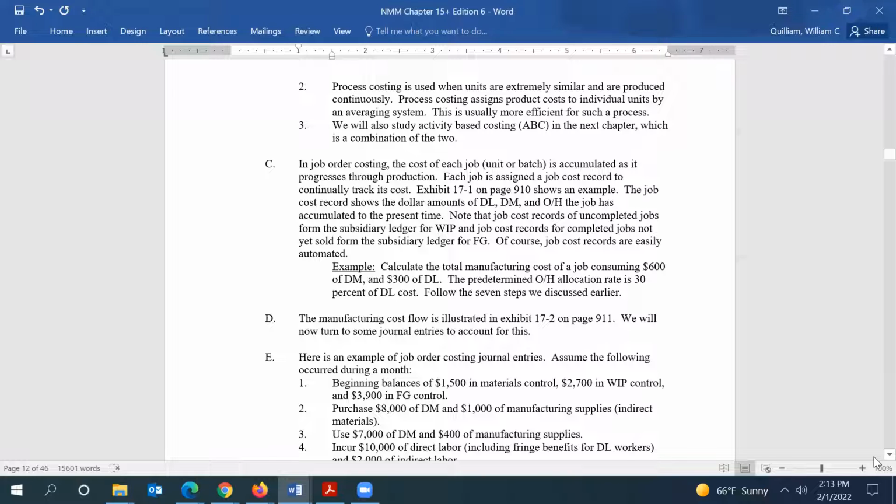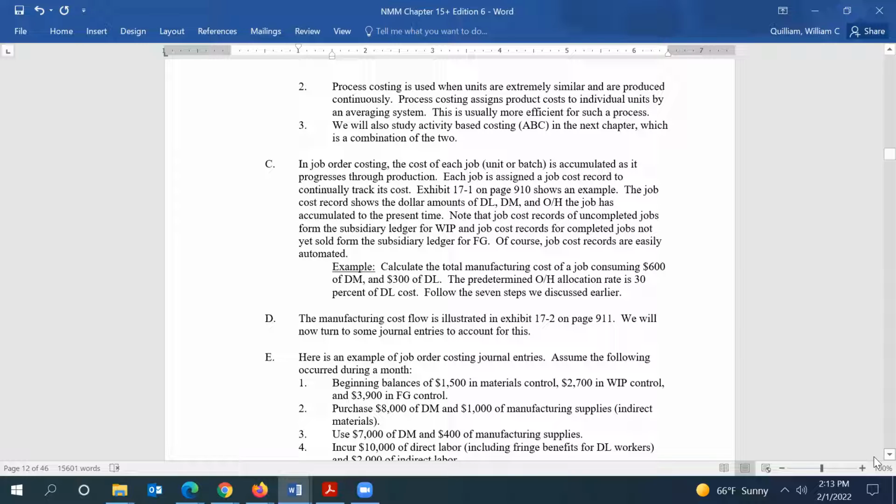Well, it would not make sense to track each bag of potato chips as it goes down the assembly line and continually track the amount of direct materials going into it, the amount of direct labor going into it, the amount of overhead going into it. Just doesn't make sense because all of these bags of potato chips are identical.